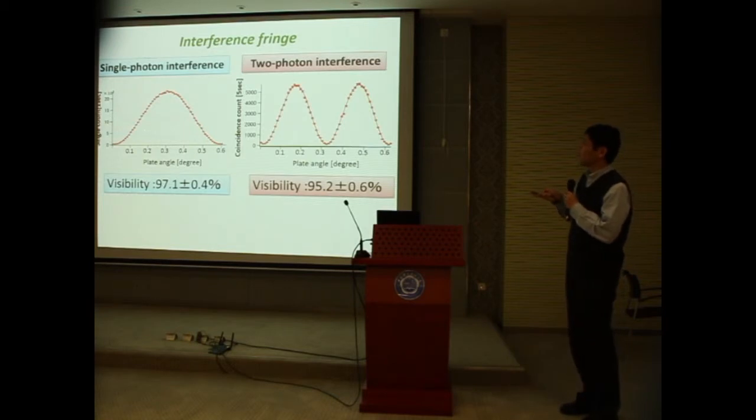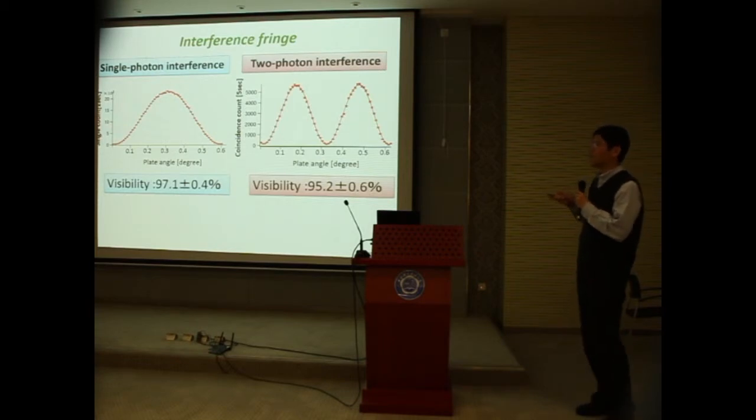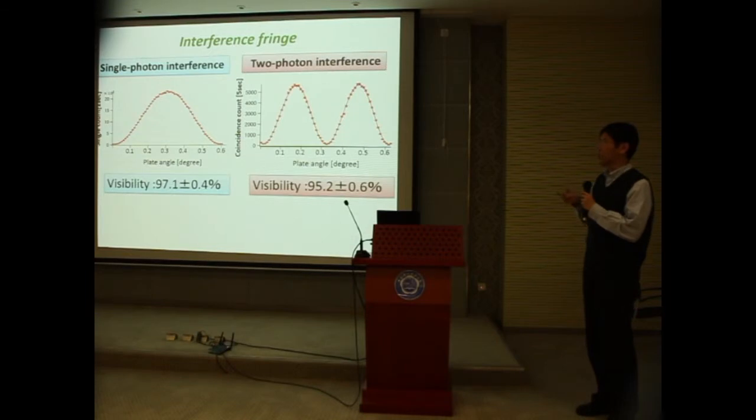And visibility of single photon interference was 97%, and visibility for two-photon interference with this experiment is 95%. Even when we have lots of optics to make such kind of adjacent focus.